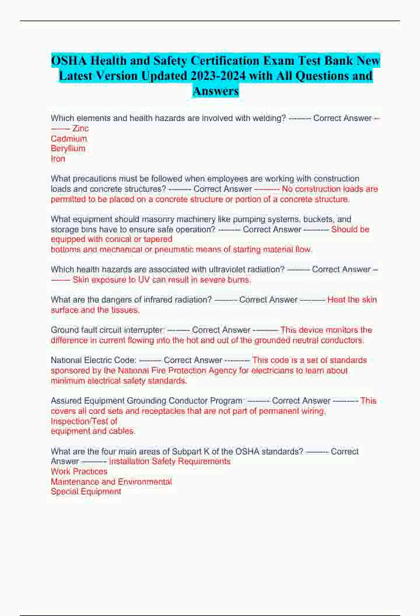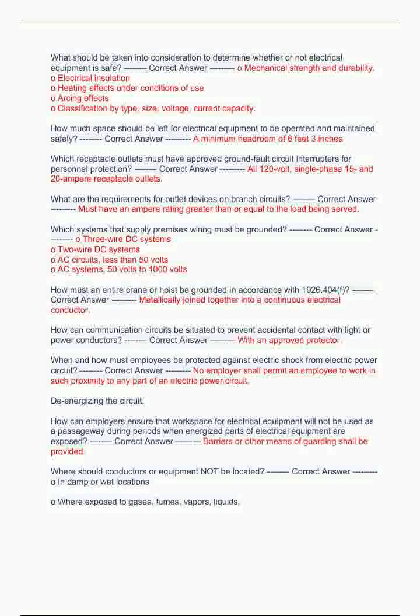Special equipment. What should be taken into consideration to determine whether or not electrical equipment is safe? Correct answer: mechanical strength and durability. Electrical insulation. Heating effects under conditions of use. Arcing effects. Classification by type, size, voltage, current capacity.